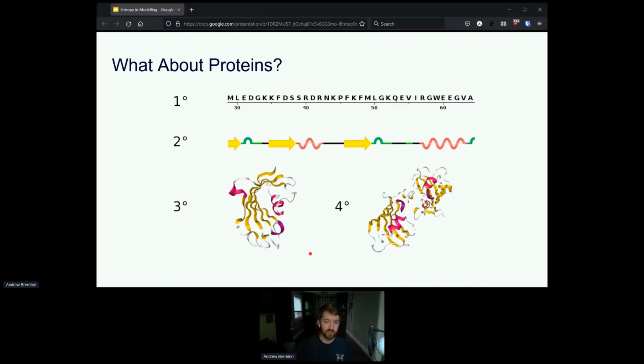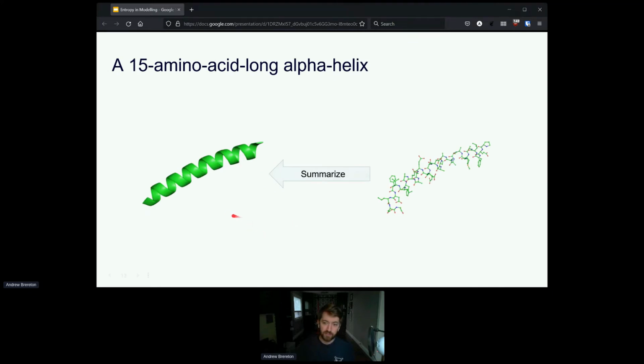Can I go backwards from this to this? Yes, because you can just look at the sequence that's here and write it down, and that gets you perfectly to the primary sequence. But you can't really go from the primary sequence to the tertiary structure, and so on.